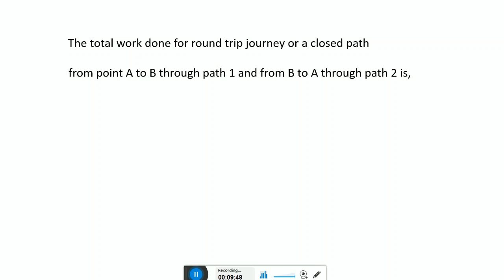The total work done for a round trip journey or closed path, from point A to point B through path 1 and from point B to point A through path 2, is W equal to W1 plus W2 dash. This is the total work done.